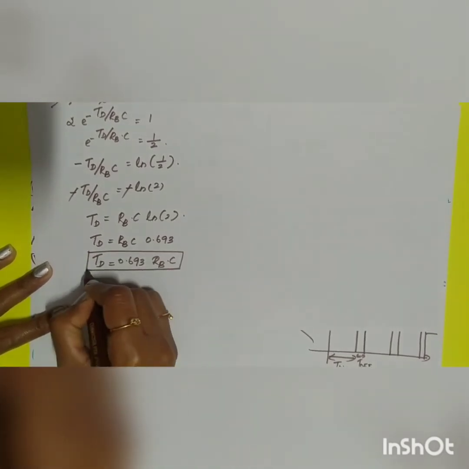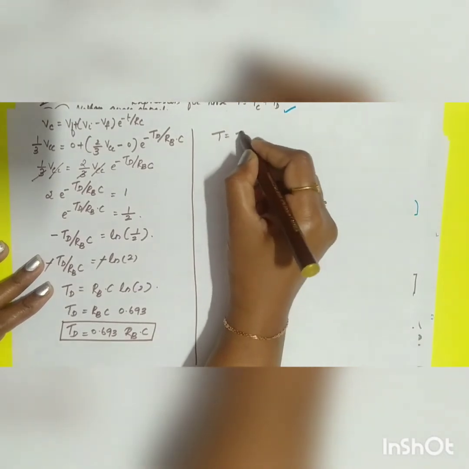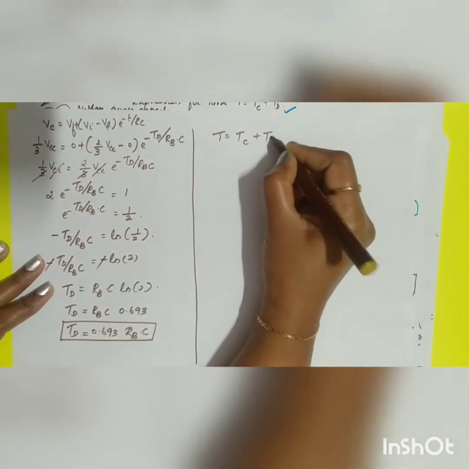Okay, so now what will be the total time period? The total time period T is equal to Tc plus Td. So what is your Tc?